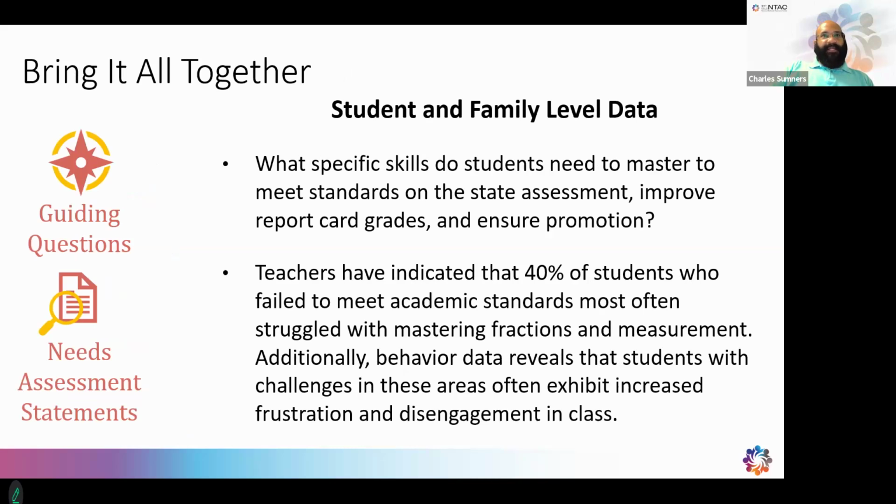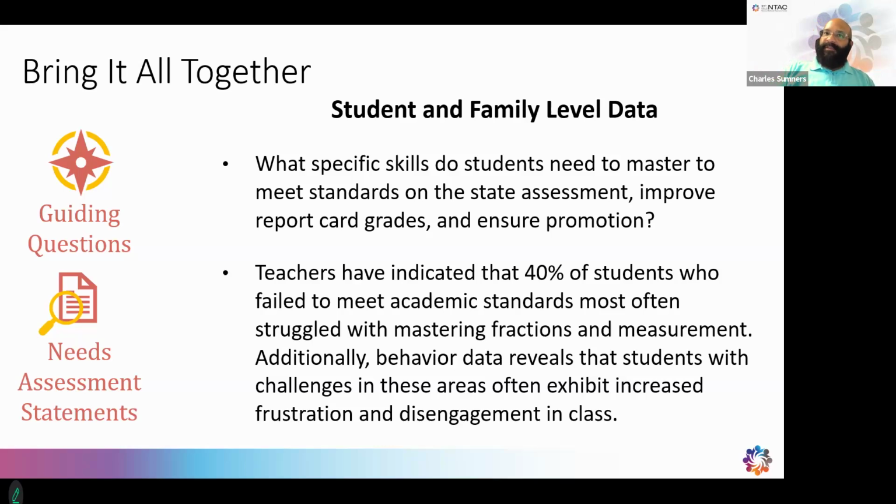So on the next slide here, we see that we've developed a guiding question about what specific skills students need to master to meet standards on the state assessments, improve report card grades, and ensure promotions to the next grade. So when we look at the needs assessment statement, teachers have indicated 40% of students have failed to meet academic standards. Most often, they struggled with mastering fractions and measurement.